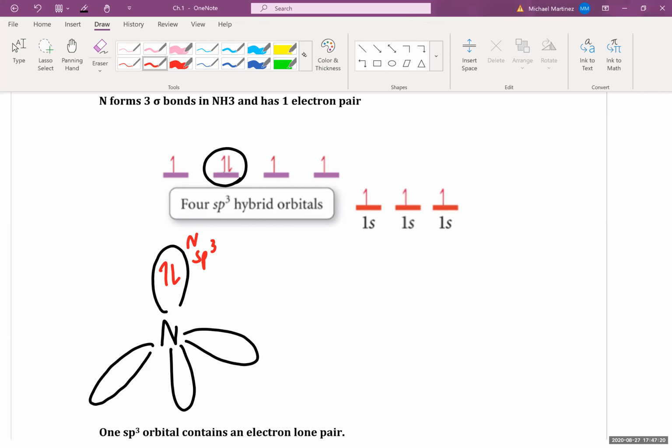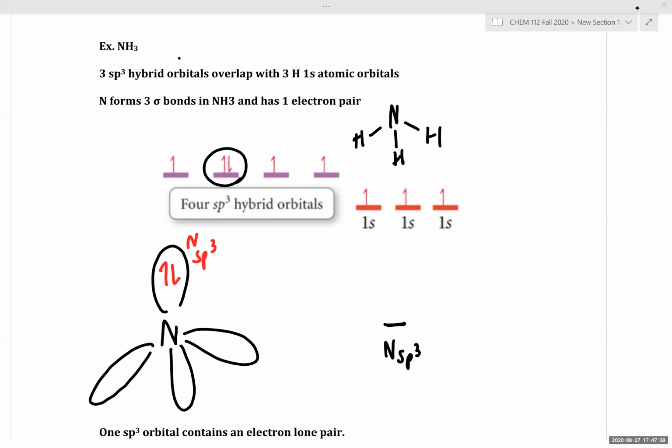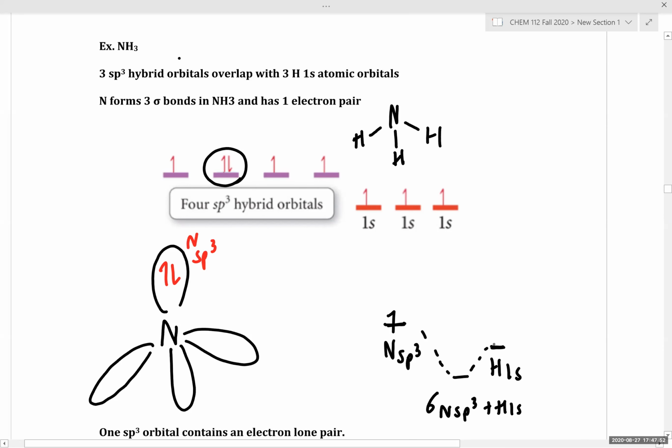Just like before, when we have 3 hydrogen atoms in ammonia, in order to form our nitrogen-hydrogen single bonds, we're going to overlap a nitrogen sp3 orbital and a hydrogen 1s orbital, and that in turn gives us a sigma nitrogen sp3 and hydrogen 1s orbital.